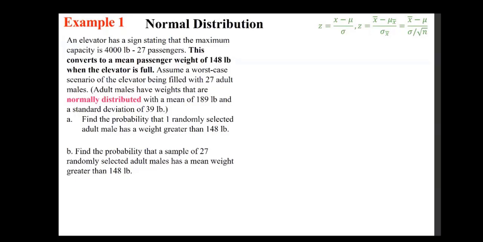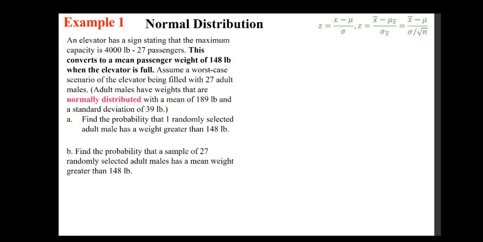So when you say 27 adults, 4,000 pounds total, on the average about 148 pounds. That would be if you can assume that.